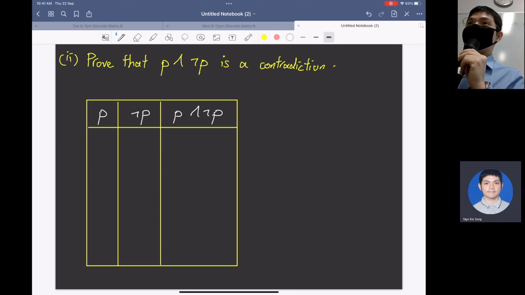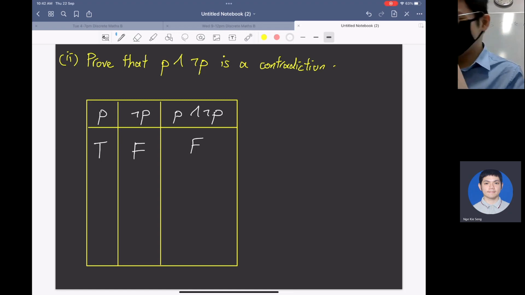True. True where? Which one is true? P is true. And then not P is false. Okay. And then P and not P is what? True and false is false. Okay. Someone else corrected: it is false. And then is it enough? Yes.